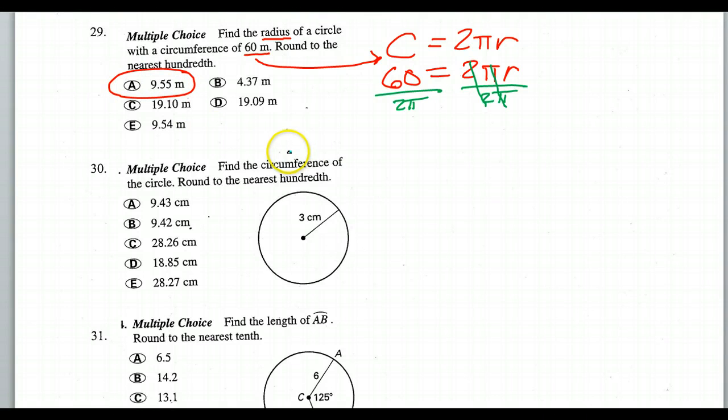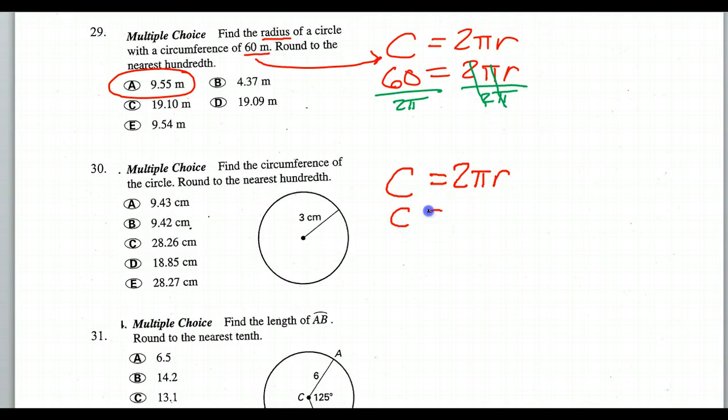Okay, number 30. Find the circumference of the circle, round to the nearest hundredth. We're supposed to find the circumference. We're given the radius. So let's just go ahead and do circumference is equal to 2 pi r.